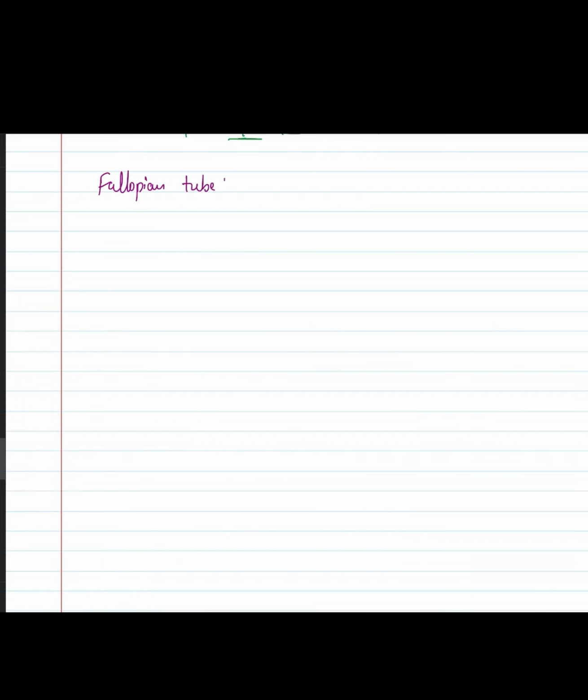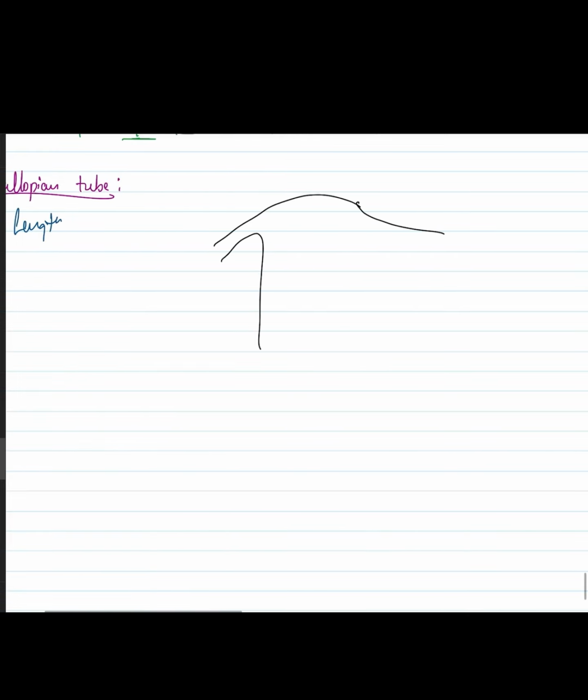Now the last structure I'm going to discuss is the fallopian tube. The fallopian tube attaches at the end of the uterus. So this is your fallopian tube. The length of this is 8 to 14 centimeters. Understood?